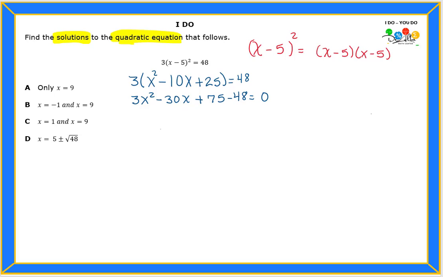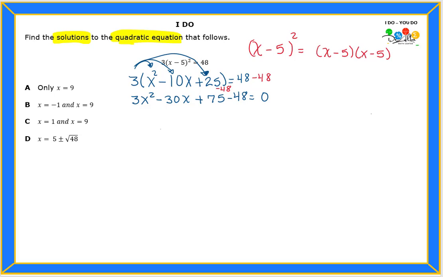Remember that the way you move the 48 is, if you have a positive 48, I'm going to take away 48 on this side and take away 48 on the other side, and that's how I ended up with the 0 on the right. Are you guys with me? I hope you remember that here I'm doing the distributive property. Nothing new for you guys. I know you got this.